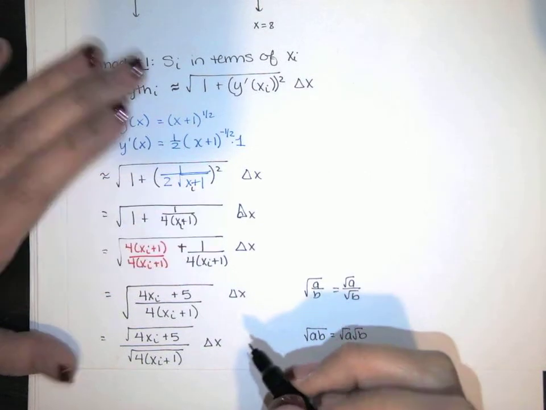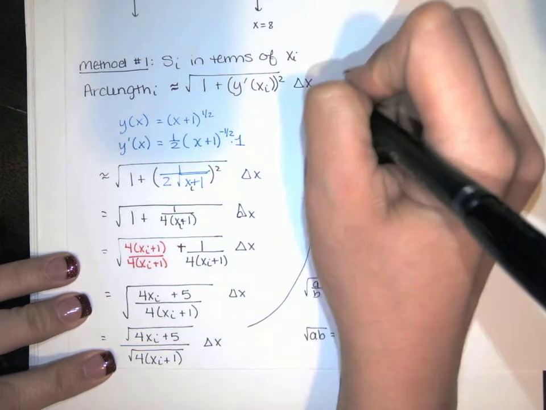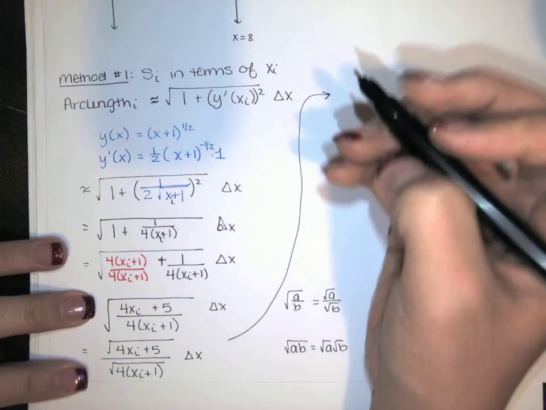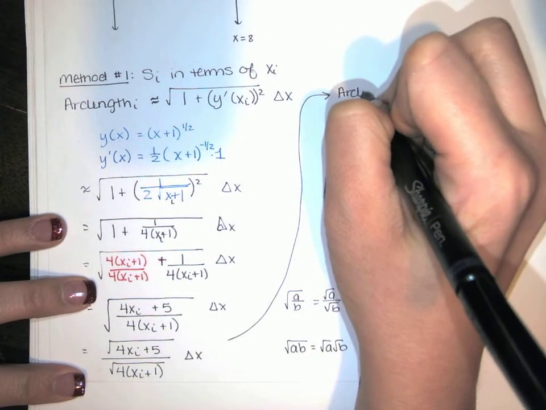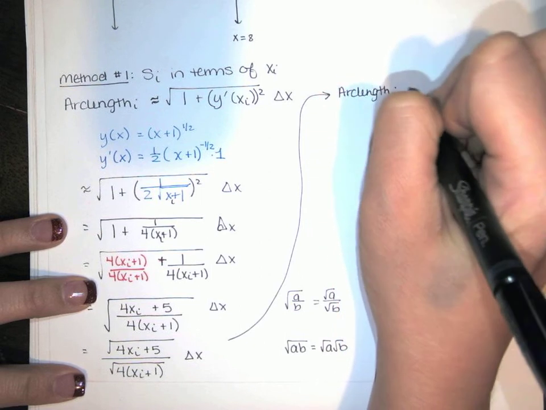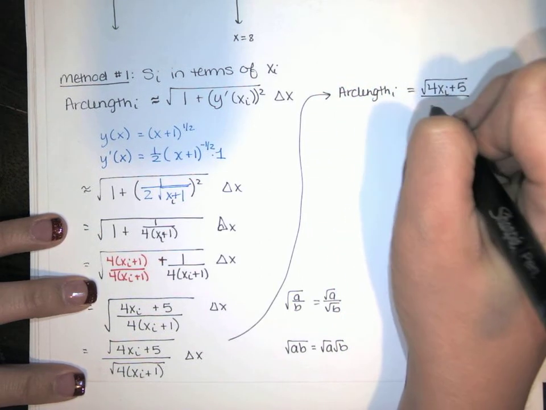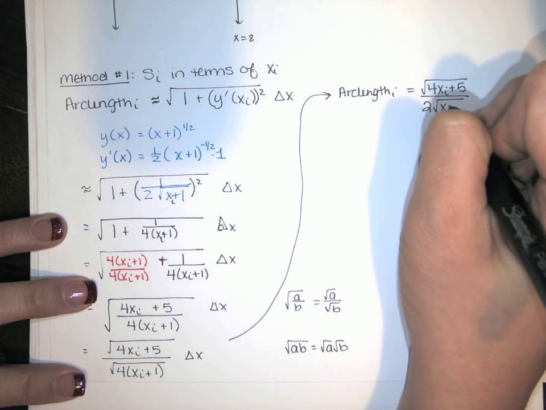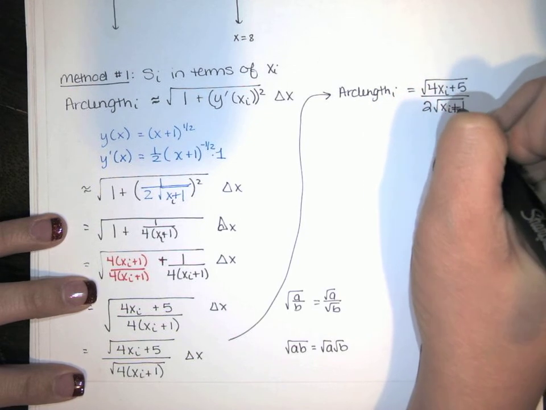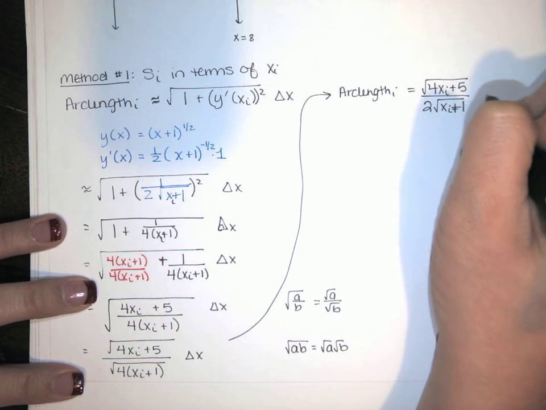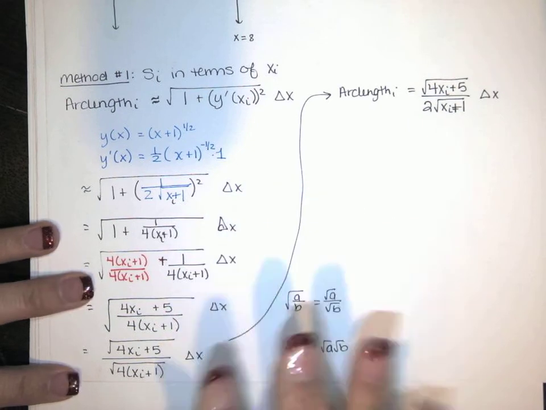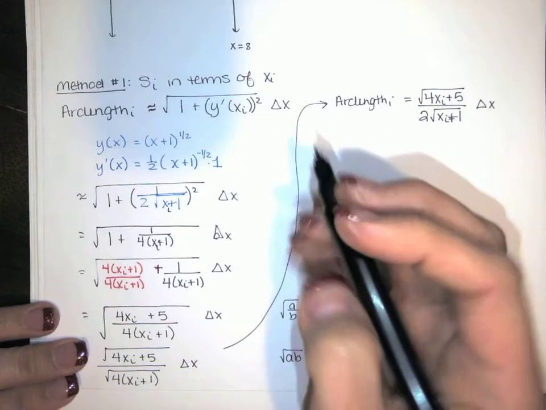So I'm going to take the square root of 4. So our arc length is the square root of 4x sub i plus 5 all over 2 times the square root of x sub i plus 1. That's the square root of x sub i plus 1, not x sub i plus 1. Okay, so that's our arc length.